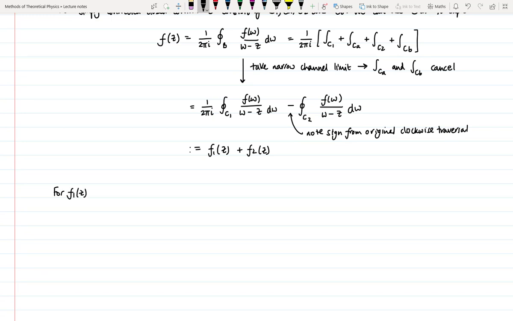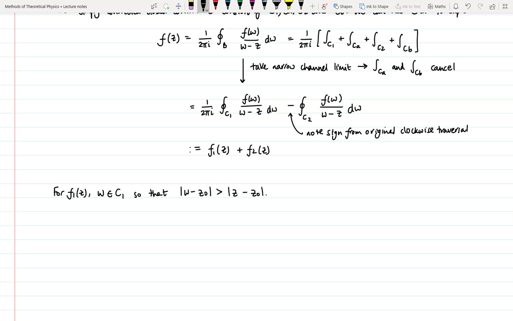For f1 of z, the integral is around the contour C1, so w lies on C1, and that means that the absolute value of w minus z0, which is the radius r1, is greater than the distance between some point z in the region between C1 and C2 from the centre of those circles z0.